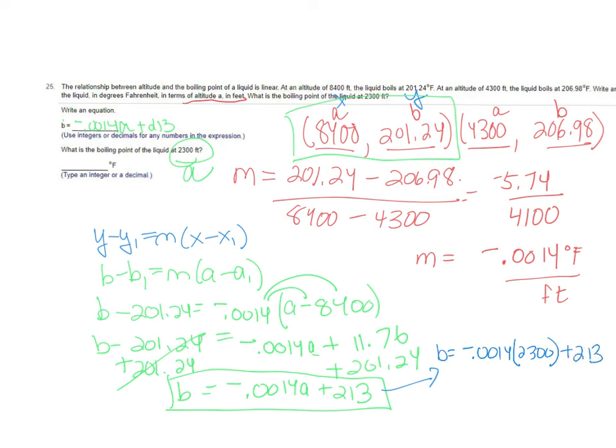So I'm going to go to my calculator and do that multiplication first. Okay, it's going to be a negative 3.22 there. And I'm going to add 213 to it. And that's going to give me 209.78. And that's going to be degrees Fahrenheit. And that's my answer that goes up here.